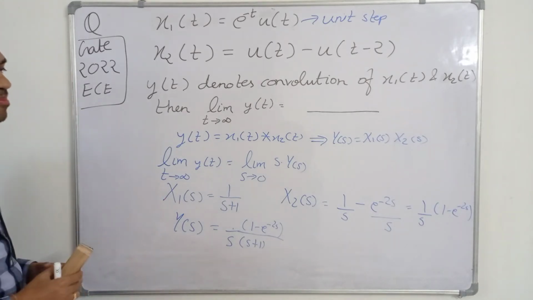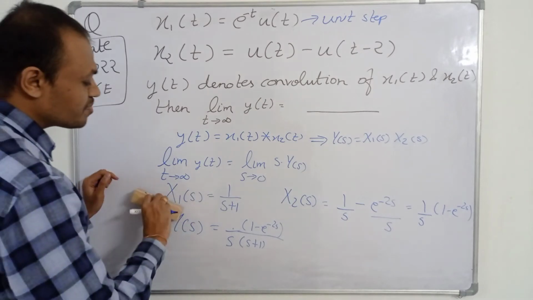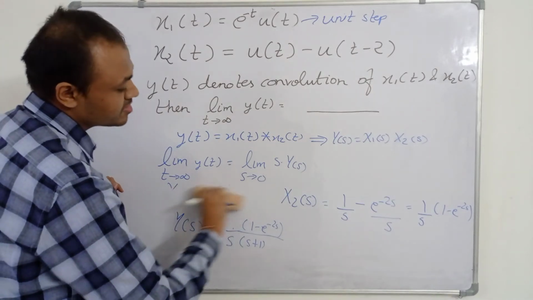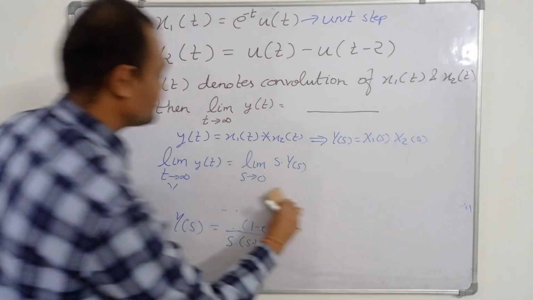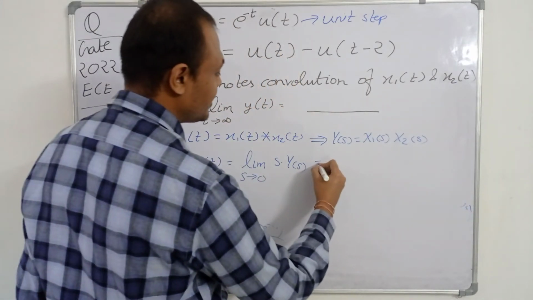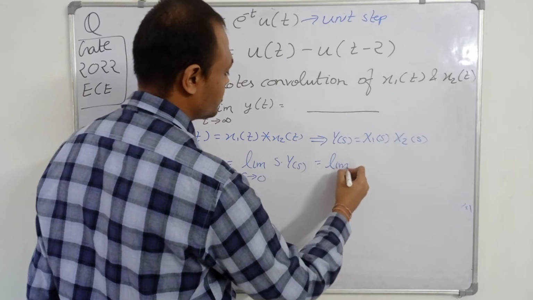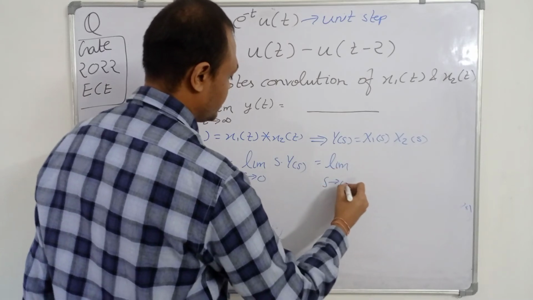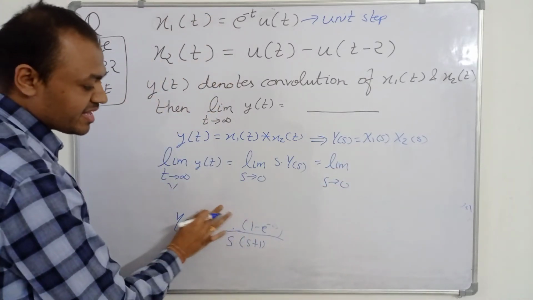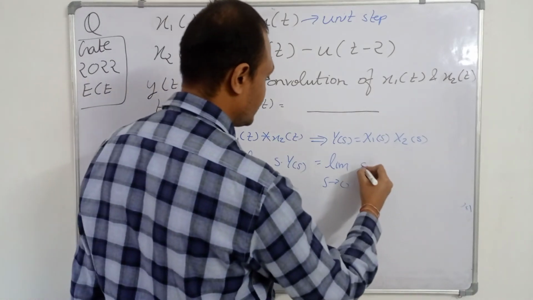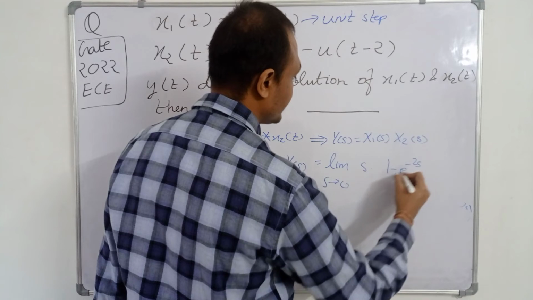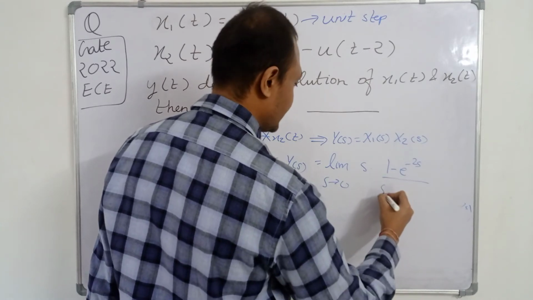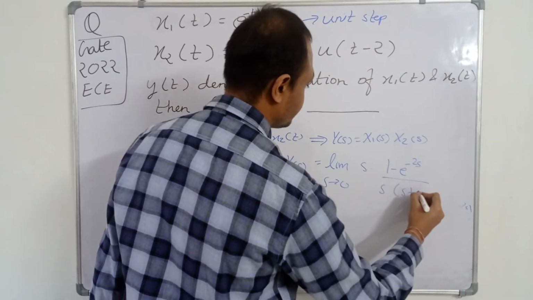Now we just have to apply the final value theorem. So this will be equal to limit s tends to 0, put y of s value from here, s dot 1 minus e to the power minus 2s upon s plus 1.